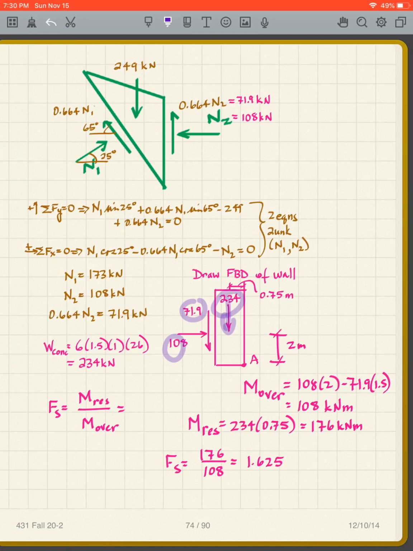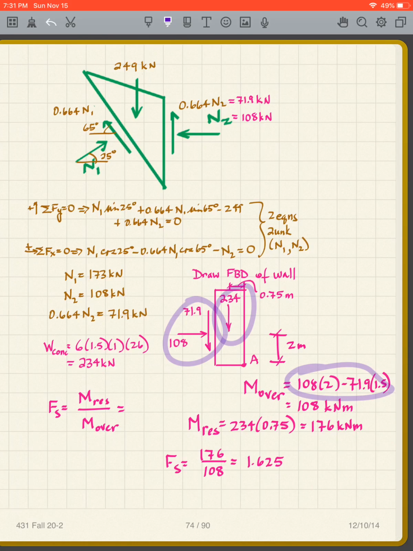I'm going to do overturning, so I'm taking moments about this point. We have nothing at the contact because we're assuming that it begins to rotate about point A, losing contact at the base. Remember, the combination of these two gives me my overturning, because that's the force on the wall.